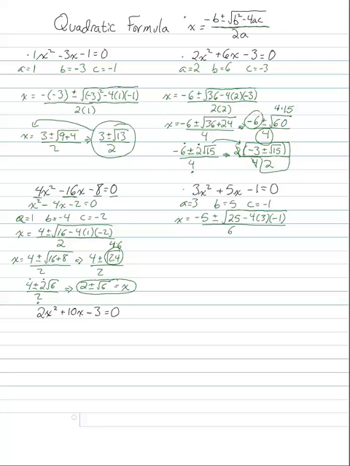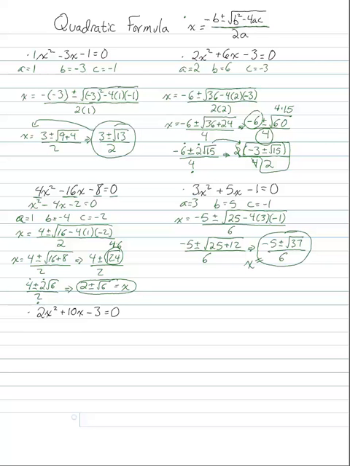So I'll get negative 5 plus or minus square root of 25 minus 4 times 3 is minus 12 times minus 1 is plus 12, all over 6. So negative 5 plus or minus square root of 37 over 6. And done. I can't simplify square root of 37, so I can't simplify this anymore. This just equals x. Okay, let's try the last one.